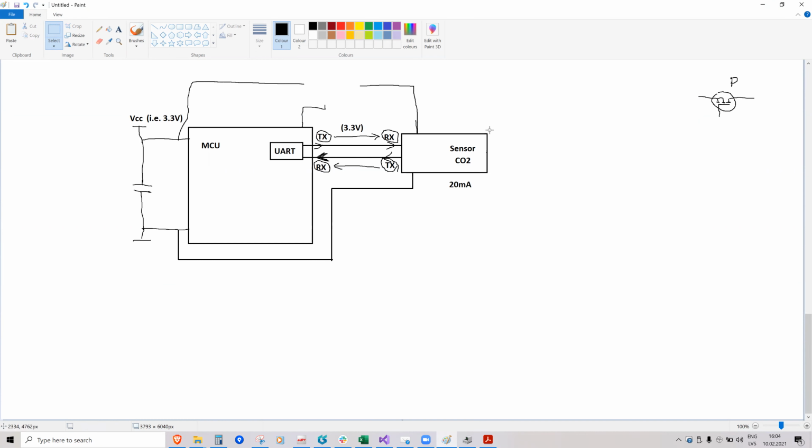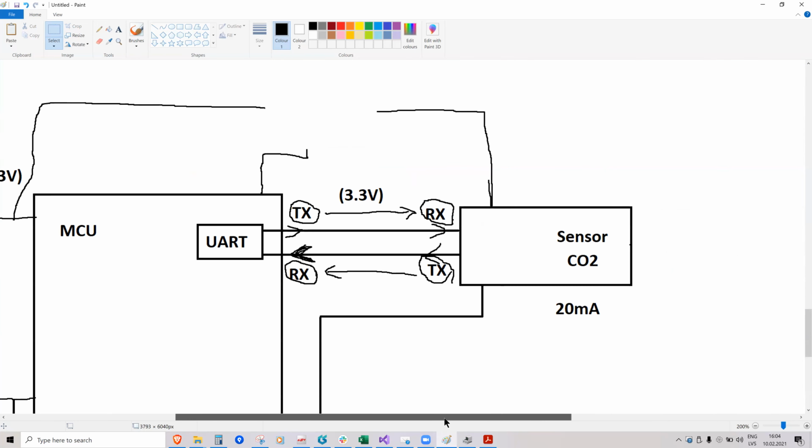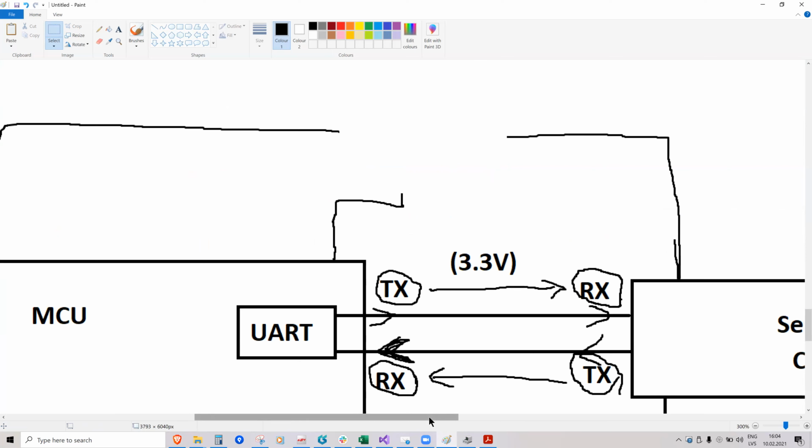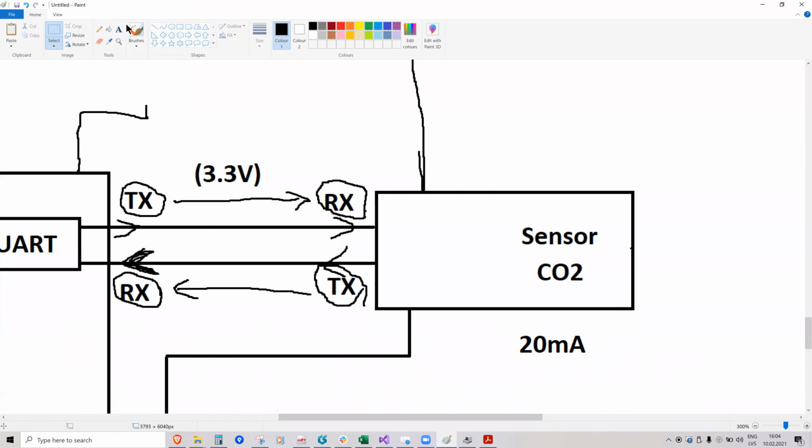The thing is that in all devices nowadays, including the sensors, the pins have ESD protection. So I'll zoom in and I'll draw small ESD diodes here. Each line, for example this TX line, is high, it's 3.3 volts.